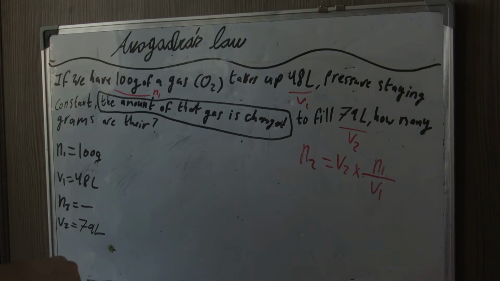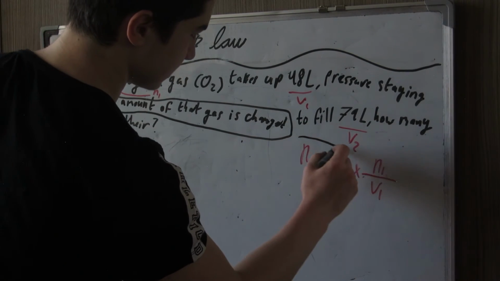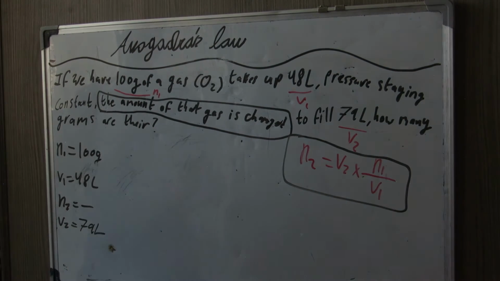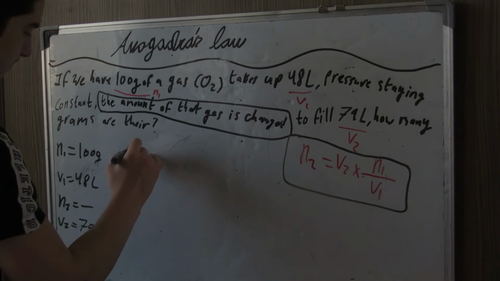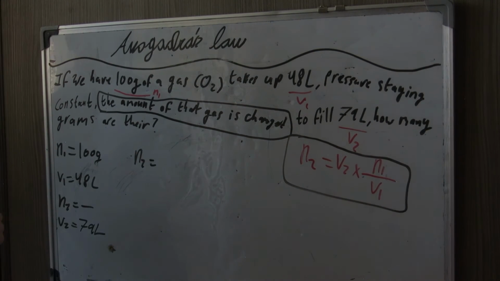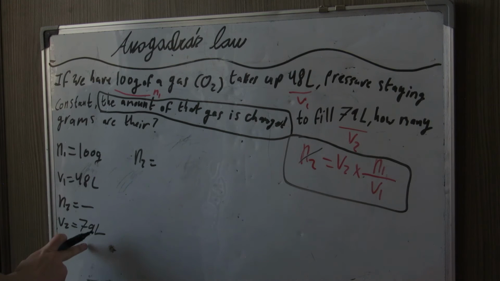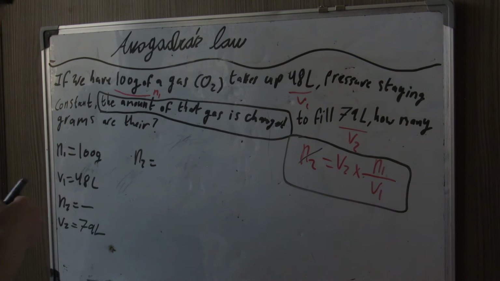So let's start solving. Now we're going to use this rearranged formula of Avogadro's law. Let's plug in the data that we've got. First, N2, which is the unknown. Let's cancel it here because we already got it. So V2, what is V2? V2 is going to be 79 liters.